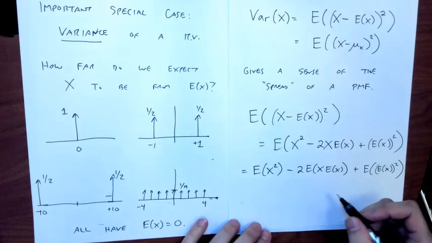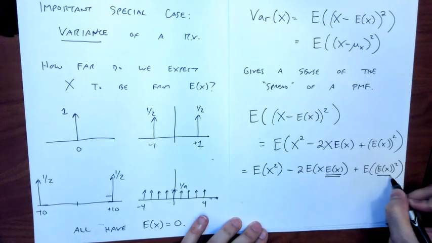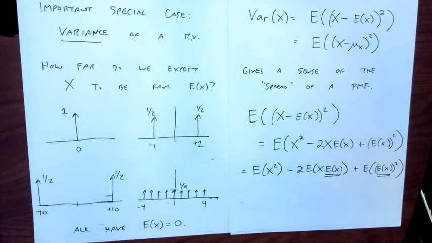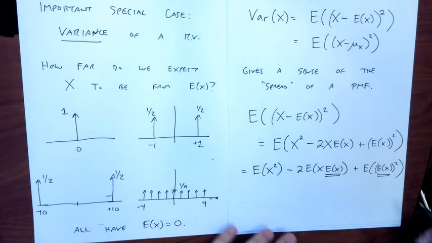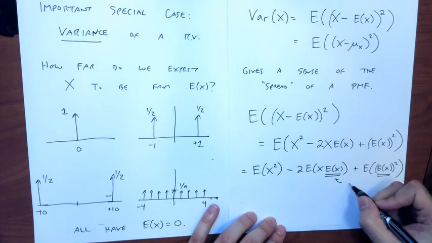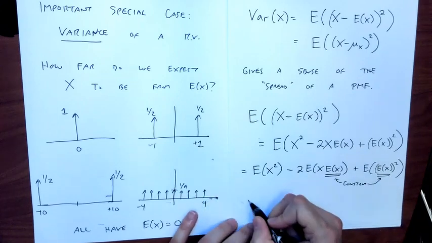Looks complicated, but from this perspective, this E of x is just a constant. It's a number. There's no uncertainty about it. It is a fixed number. So from the perspective of the expected value, it's just a constant. These underlined things are just constants that I can take out.